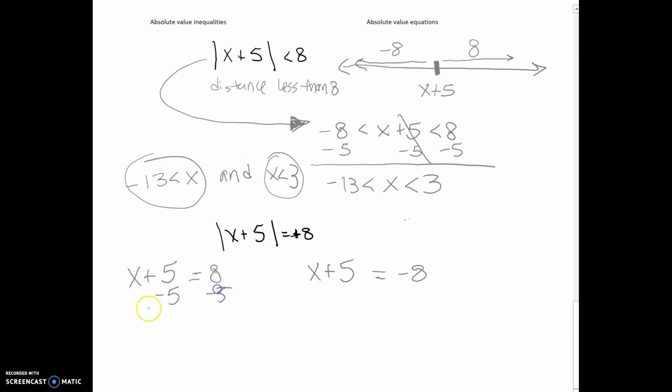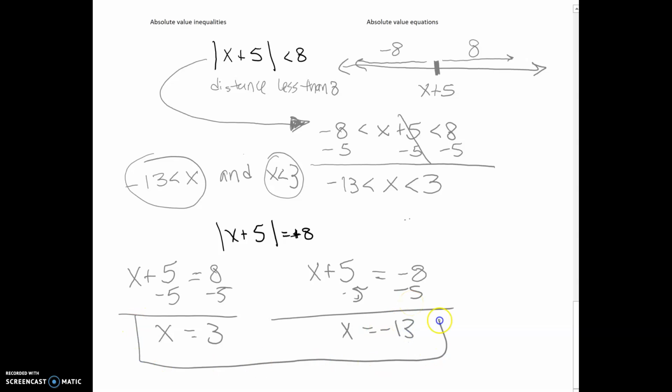We solve two equations. We get x equals 3, and x equals negative 13. So we have these as our two answers. A common mistake is to do x plus 5 equals 8 and get x equals 3, and then you tell yourself, well, it's absolute value, so we need a plus and a minus, so x equals 3 and negative 3.